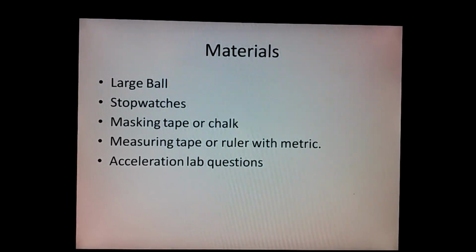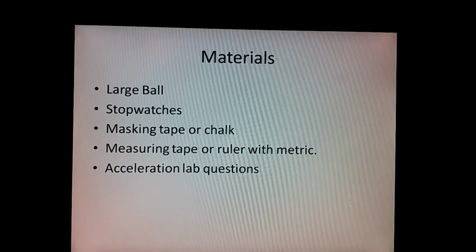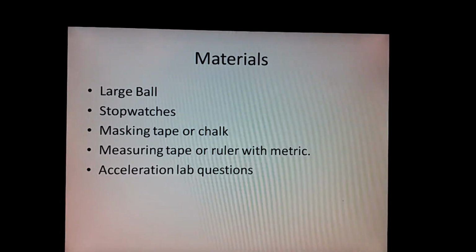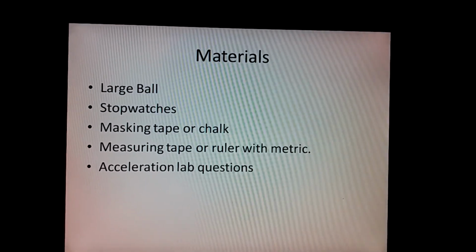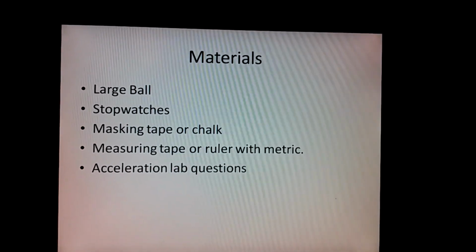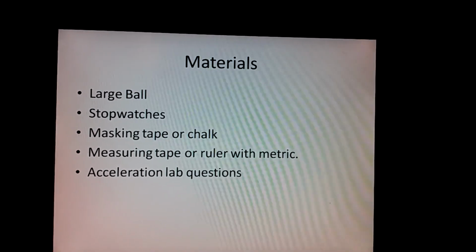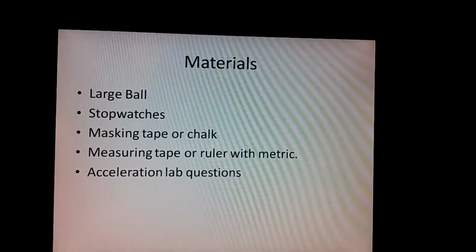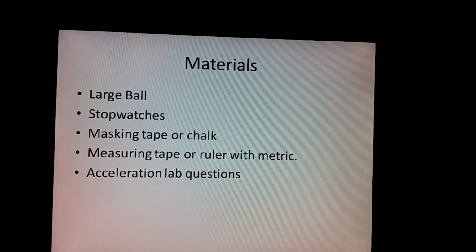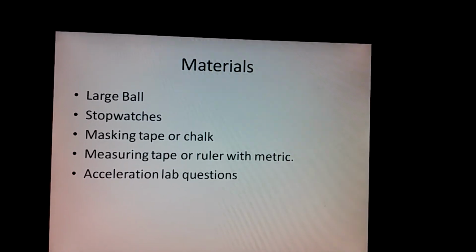Materials we need: a large ball. The original one called for a bowling ball, but they're a little hard to come by, and we just used a basketball. Stopwatches, masking tape or chalk. Since most of the things are cement, we used just a sloping driveway to do ours in, and we just marked it off using the chalk.